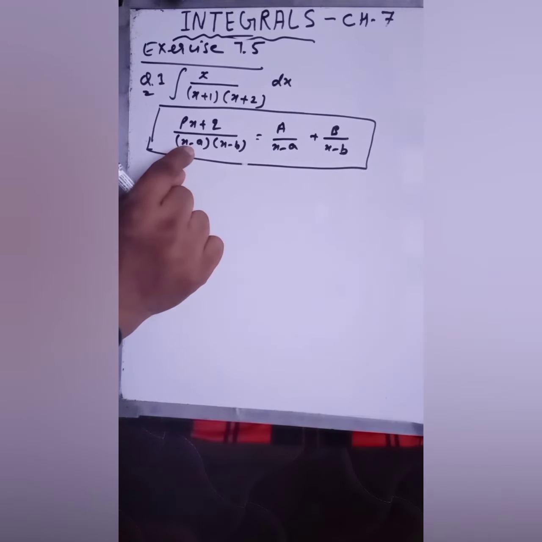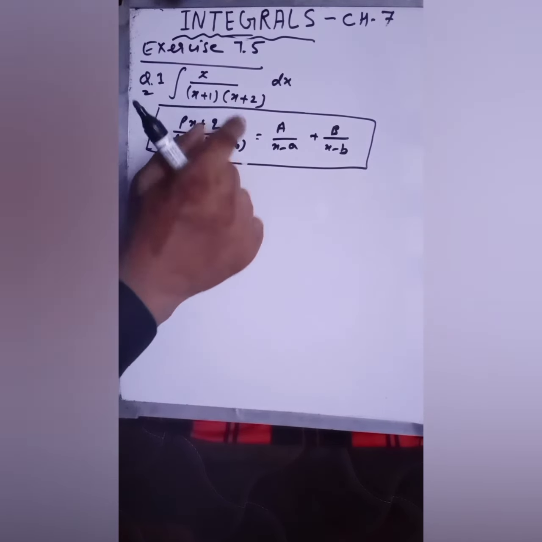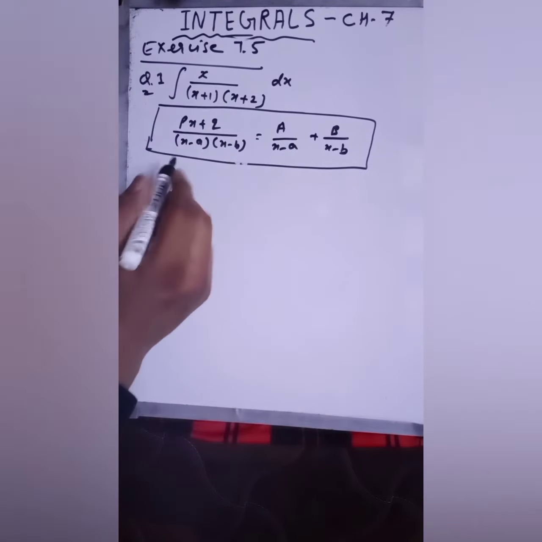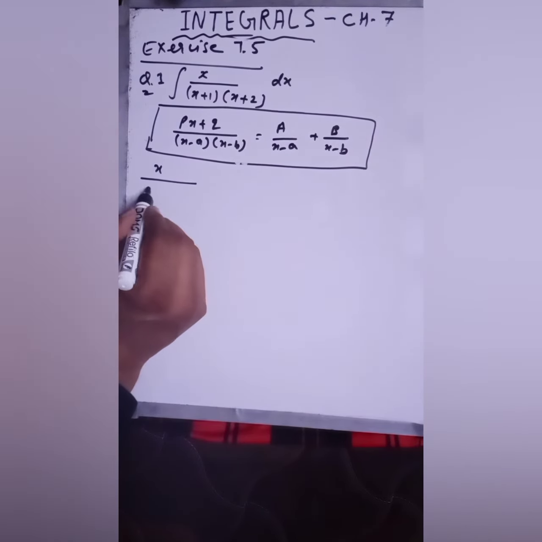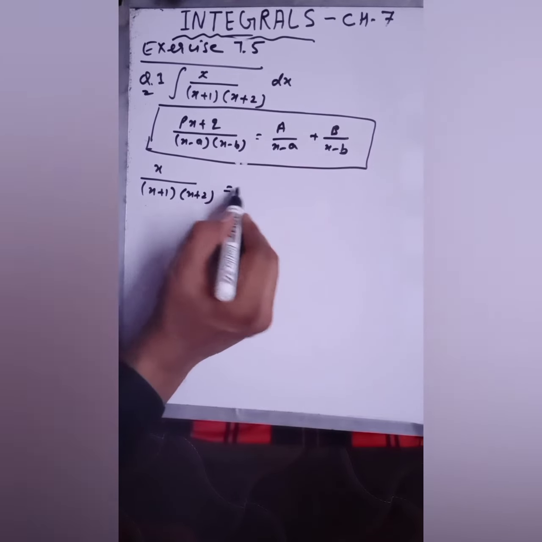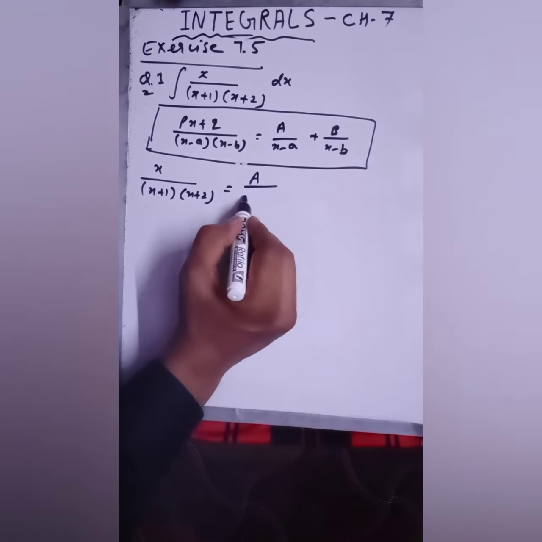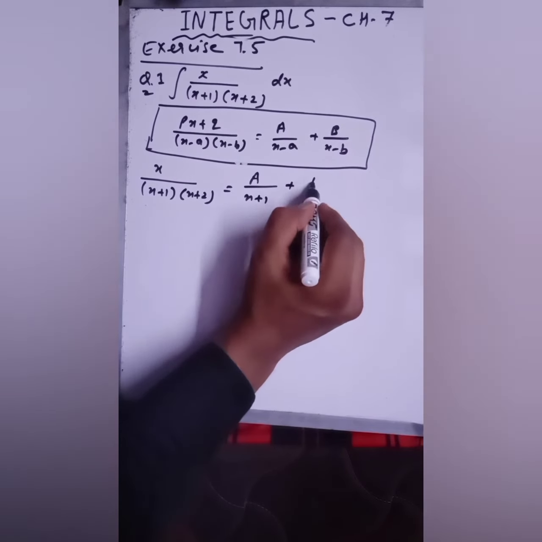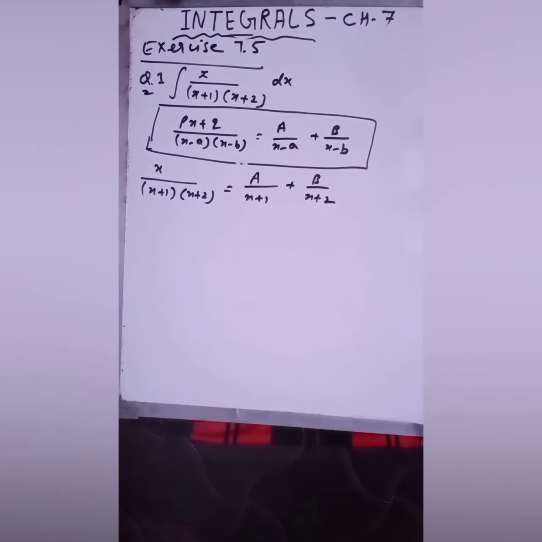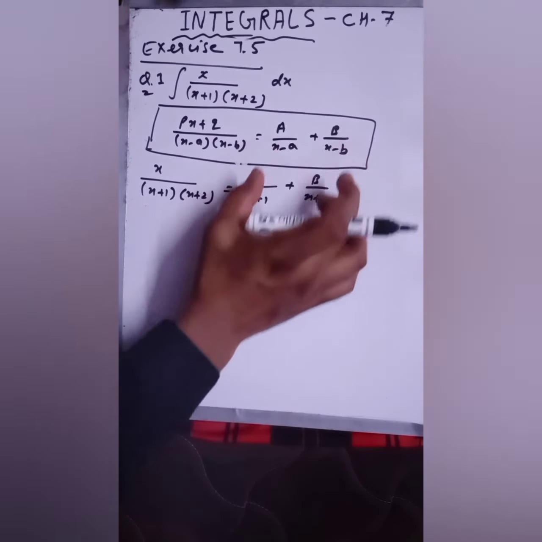Don't worry about the sign. So we can write this x over x plus 1 and x plus 2 like this: a over x plus 1 plus b over x plus 2. Got it? So we are writing like this.